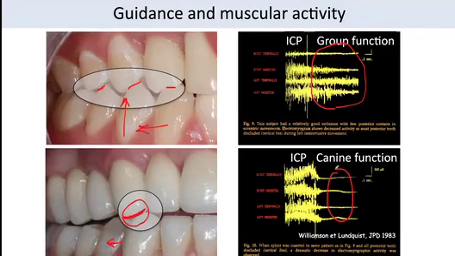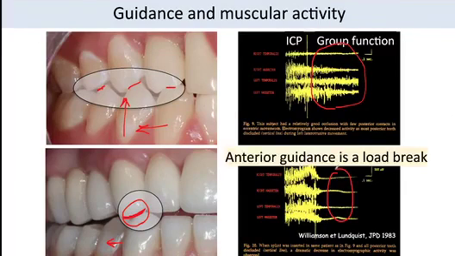And you have proprioception of the canine, and we saw this point in the first part of this presentation. Canine function is an economical way to pilot the mandibular movement. Anterior guidance is a load brake.